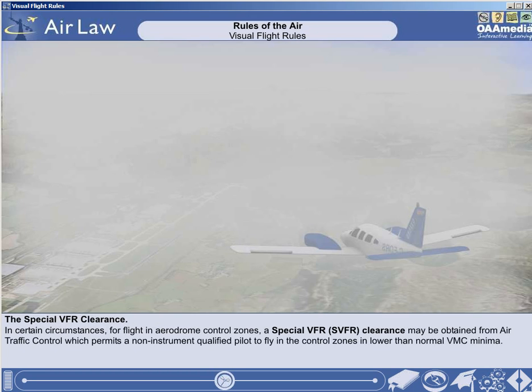In certain circumstances, for flight in aerodrome control zones, a special VFR clearance may be obtained from air traffic control, which permits a non-instrument qualified pilot to fly in the control zone in lower than normal VMC minima. You will learn about special VFR flight in a later lesson.